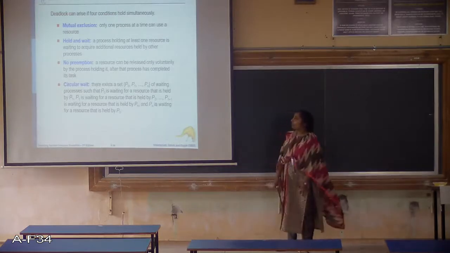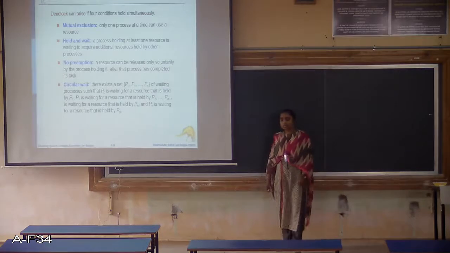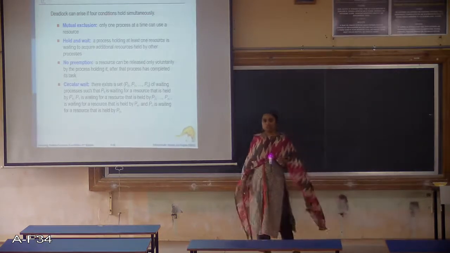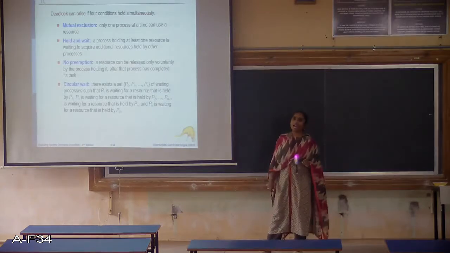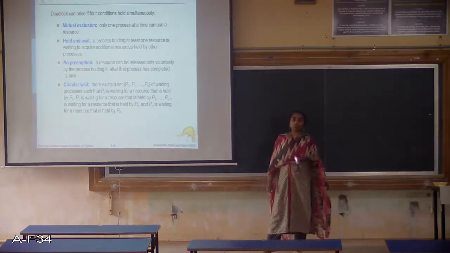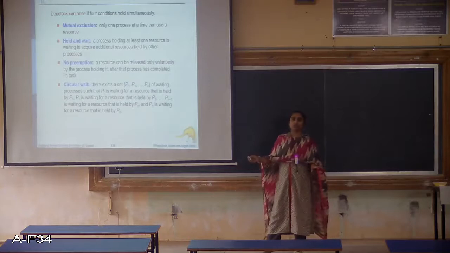Hold and wait. Suppose there is a process holding a resource R1 and it is requesting another resource R2. Then it is holding one resource and waiting for another resource.